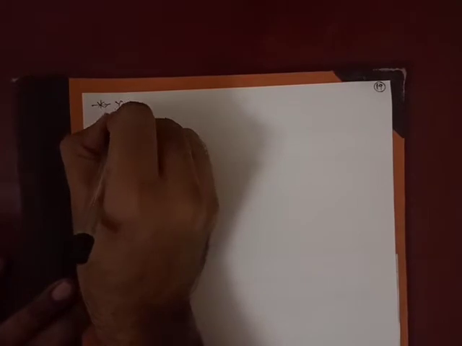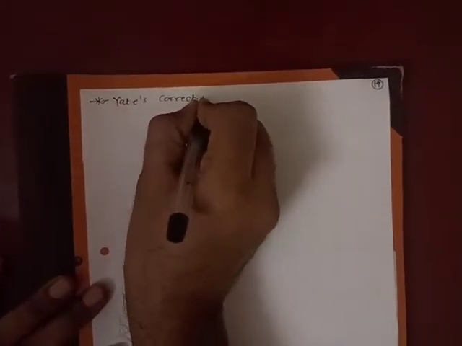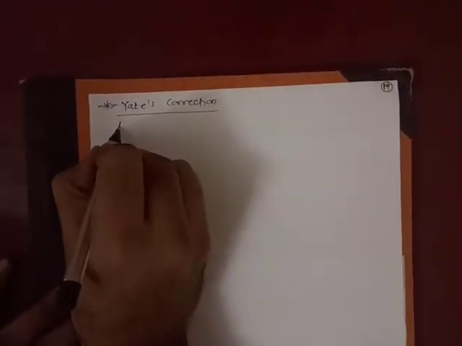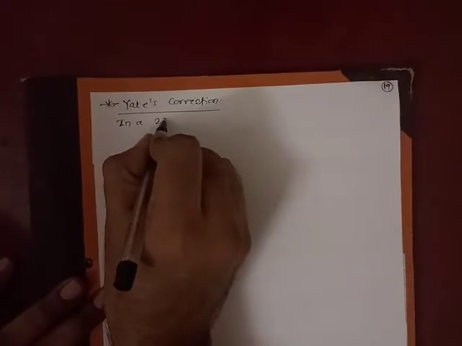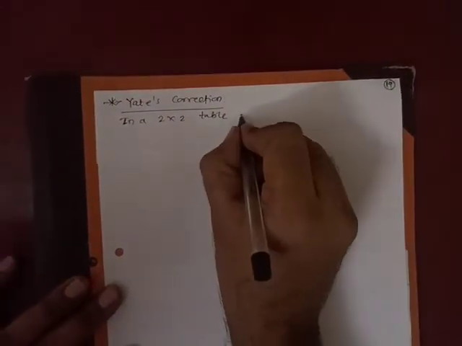Very short correction which Yates, a scientist, gave in 1934: he suggested that in a 2 by 2 table, degrees of freedom कितना होगा फिर?